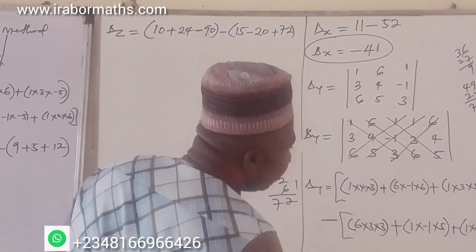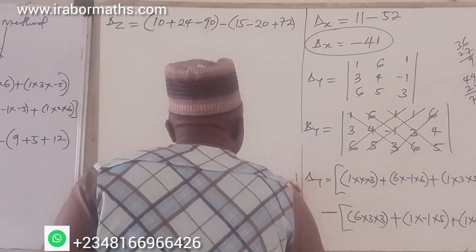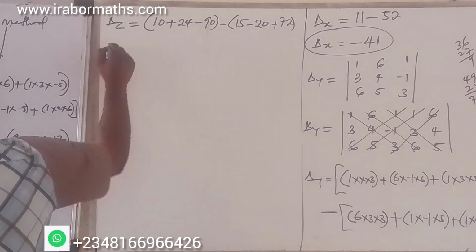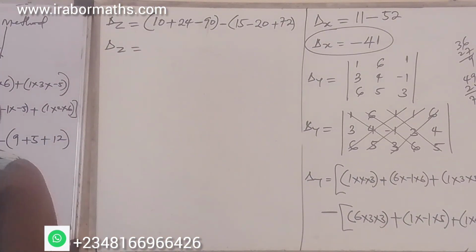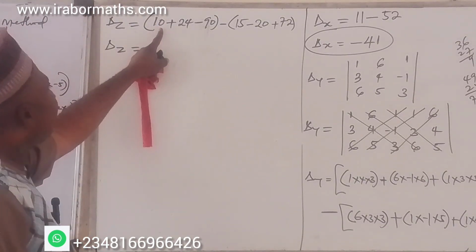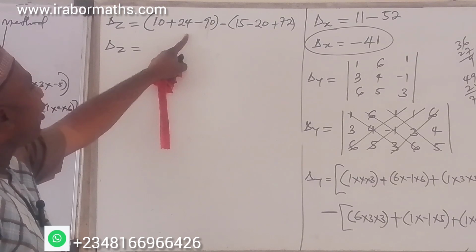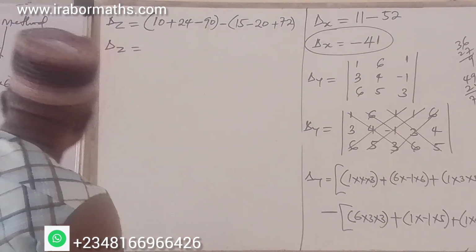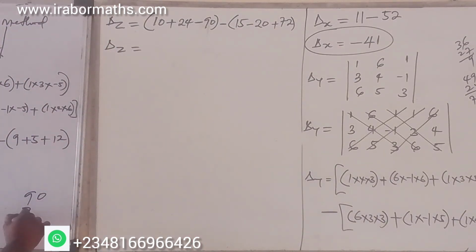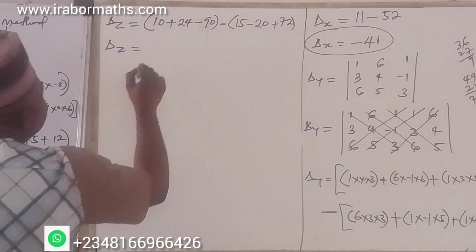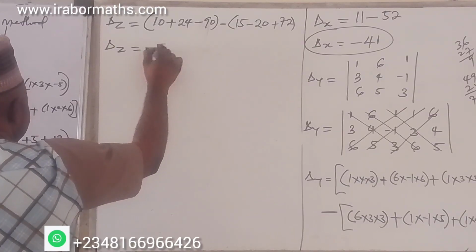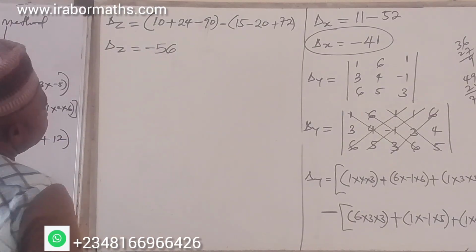So now in this case, the determinant of Z will be equal to this plus this. 10 plus 24 is 34. 34 minus 90 gives minus 56.